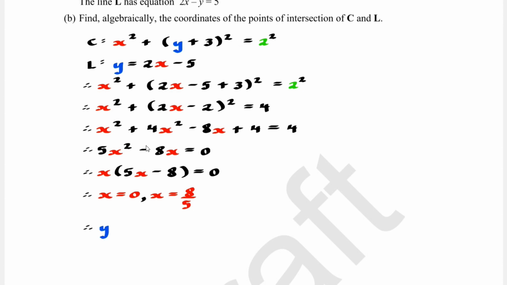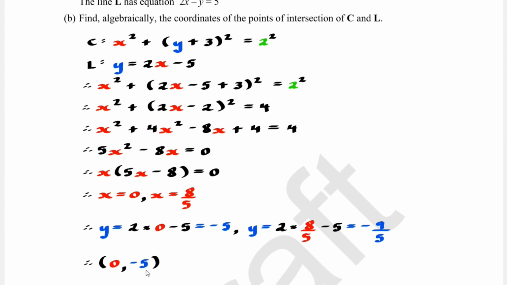So y equals 2 multiplied by 0 subtract 5, which is negative 5, and I've also got y equals 2 multiplied by 8 over 5 subtract 5, which is negative 9 over 5. So I've got a coordinate of (0, -5), and another coordinate of (8/5, -9/5).